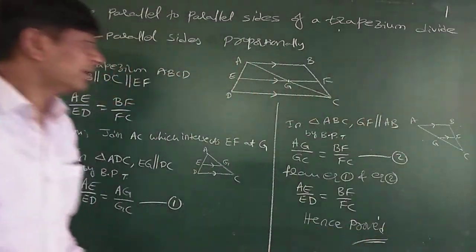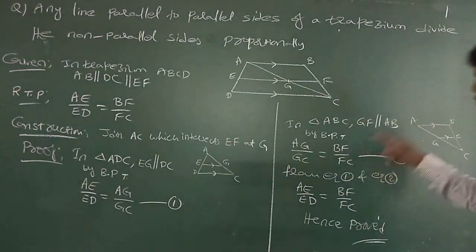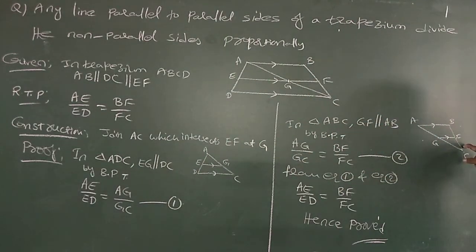See here, in the second triangle, as per my requirement, I took AG by GC is equal to BF by FC. If you take the reverse also, CF by FB is equal to CG by GA. When you take the reciprocal, you will get the same answer.